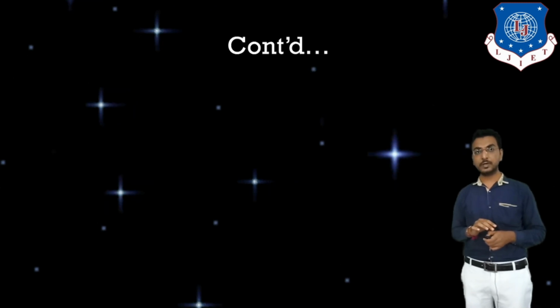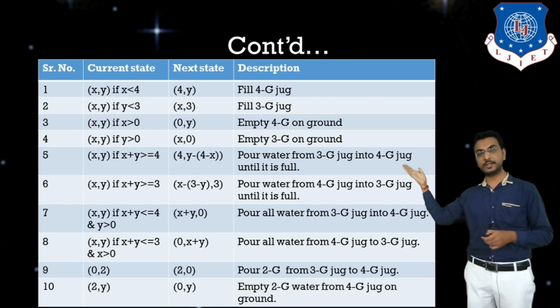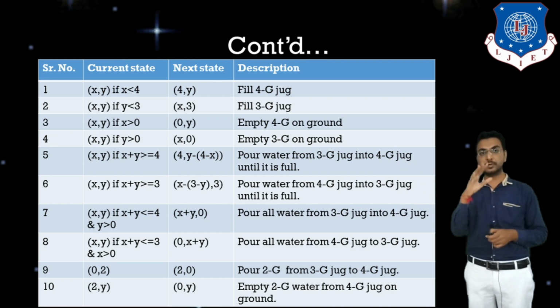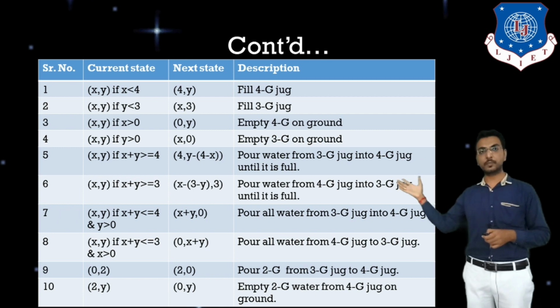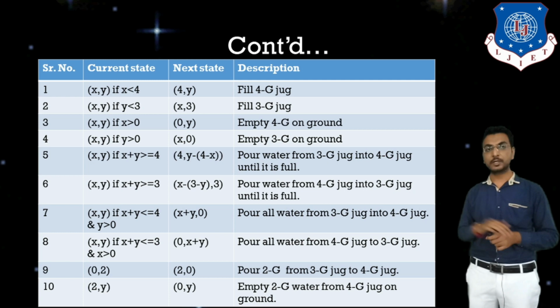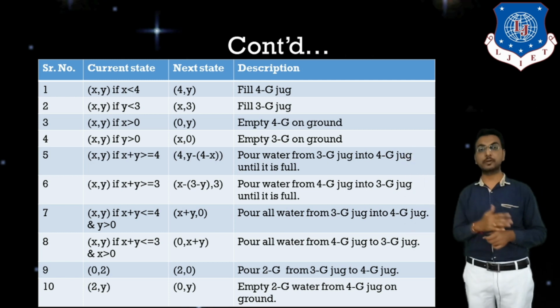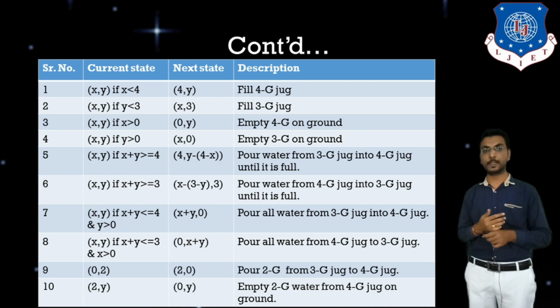Okay, so see, we had specified the initial state and goal state in the previous slide and some conditions were also there. So in this table we have specified some of the rules, or we can say operators. These rules will be used to solve this problem.